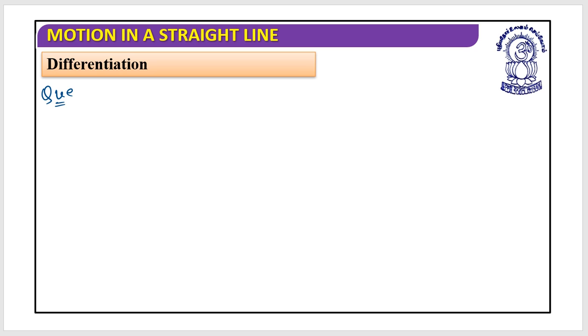Let's say you have been given the data that x is equal to a into (theta plus sine theta), while y is equal to b cos theta.